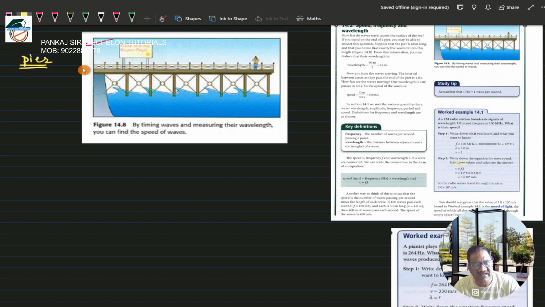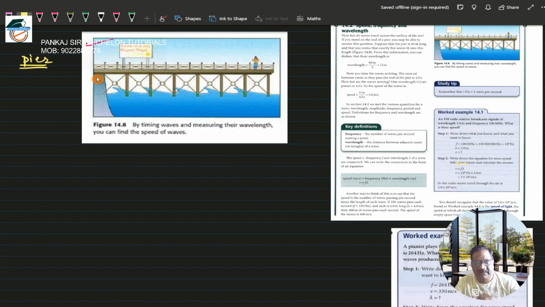What is a pier? It is a small extension of a bridge into the sea, maybe for observation or whatever it is, but it is a kind of platform which is entering into the sea. It is not very long, but it's made for some purpose. So it is known as a pier.